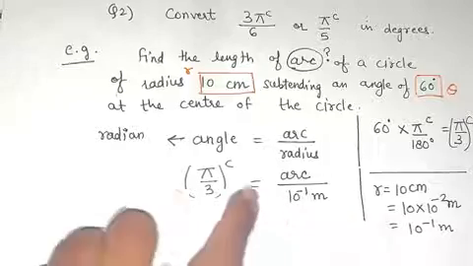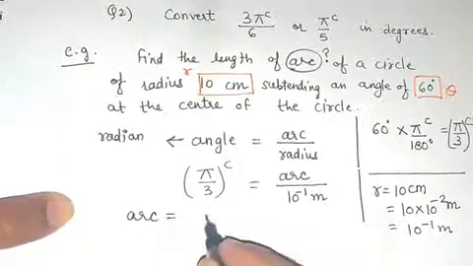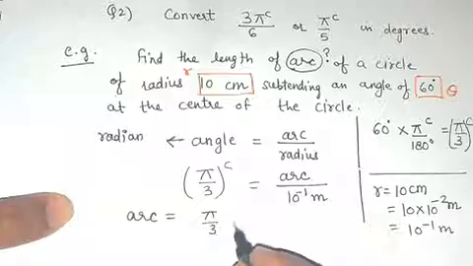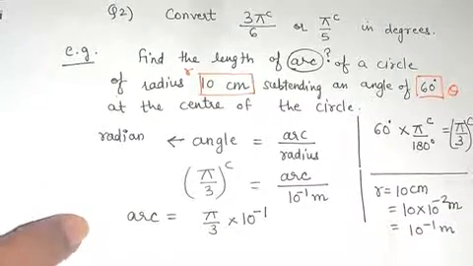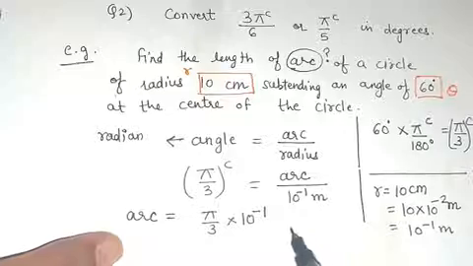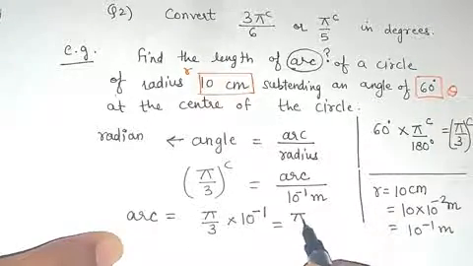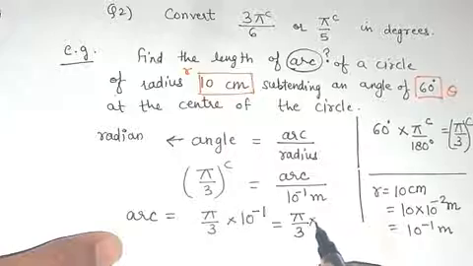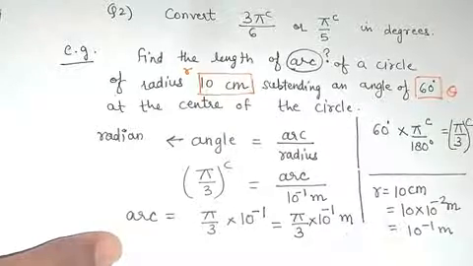So let's cross multiply the things. So the length of the arc will be pi by 3 into 10 raised to minus 1, which may give us the answer as the length of arc is pi by 3 into 10 raised to minus 1 meter.